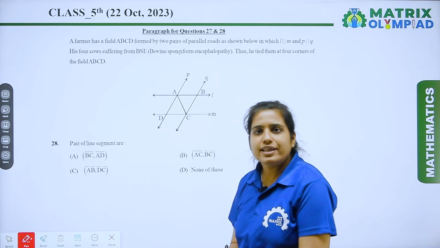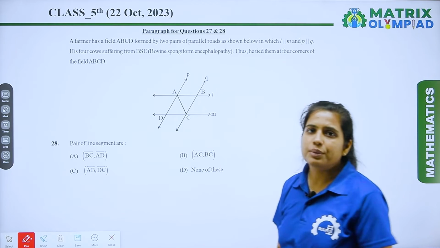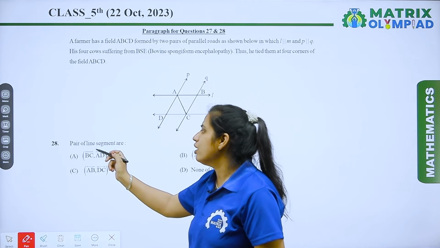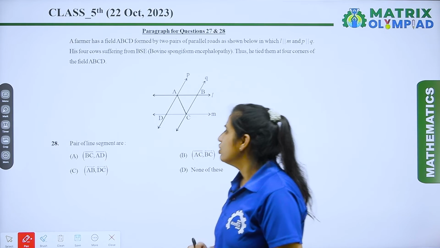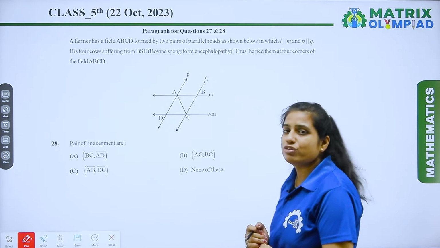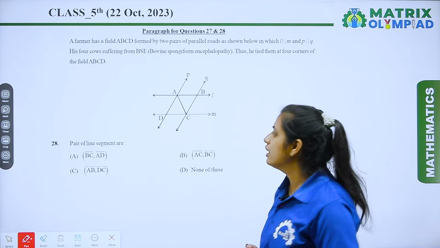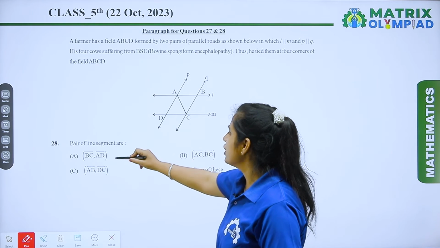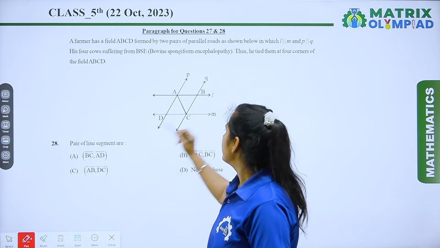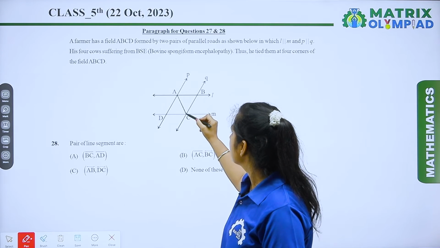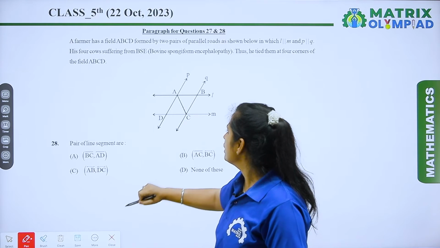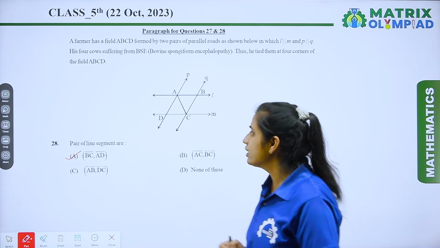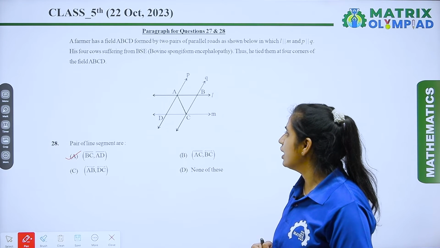Now the next question is also based on the previous paragraph. Here we have to find out pair of line segments. From the given figure, we have to find the pair of line segments. Option A is BC and AD. These two are line segments. So option A is the correct answer.